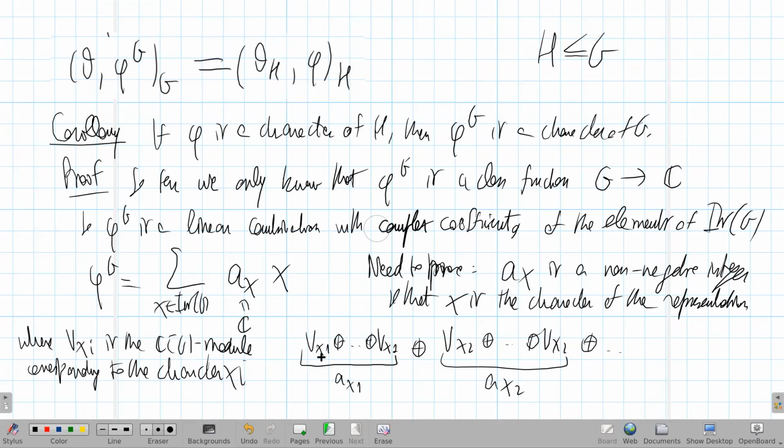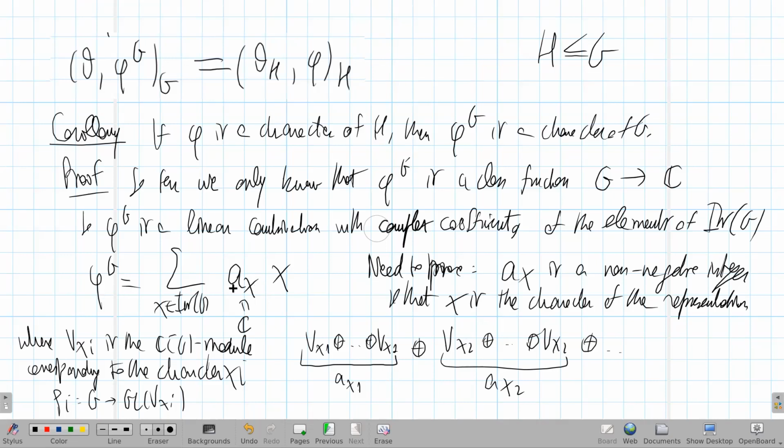If you want, rho I from G to GL via v chi I is the representation affording the character chi I. So you write this representation, and what's its character? Well, it's a chi1 plus a chi2 and so on.